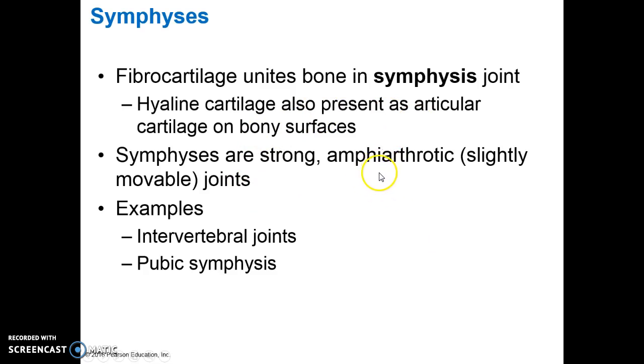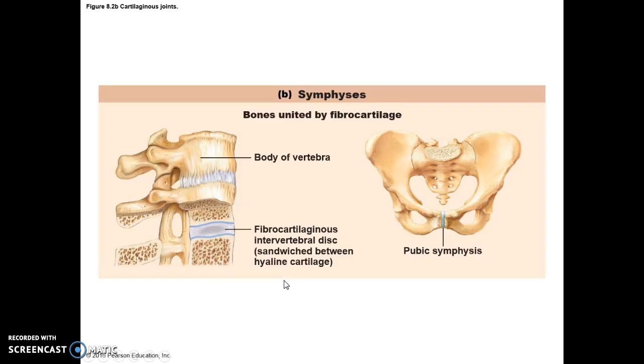These are amphiarthrotic, which are slightly movable, and the examples would be the intervertebral joints and the pubic symphysis. Here on this slide we can see the intervertebral discs, where we have slightly movable movement of the vertebrae, and of course the pubic symphysis that holds the two pubic bones together in the anterior aspect of the pelvis.